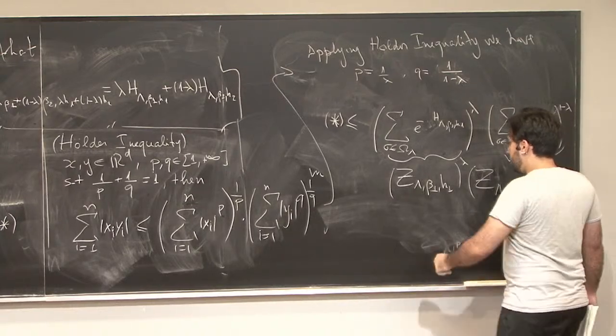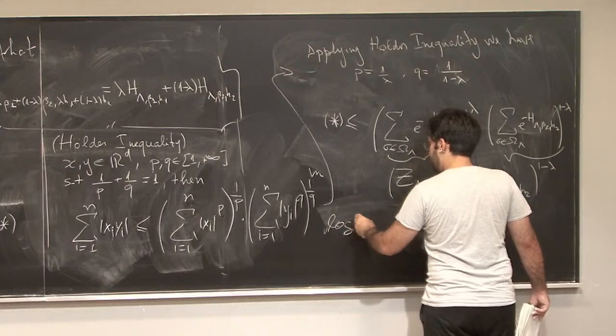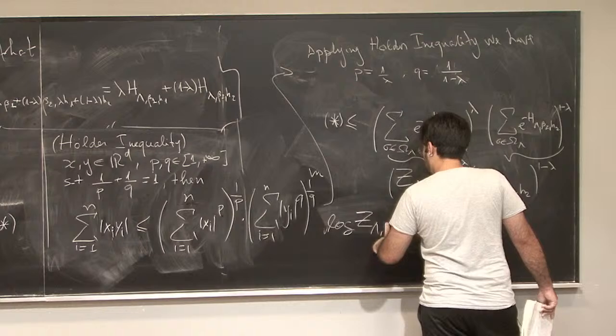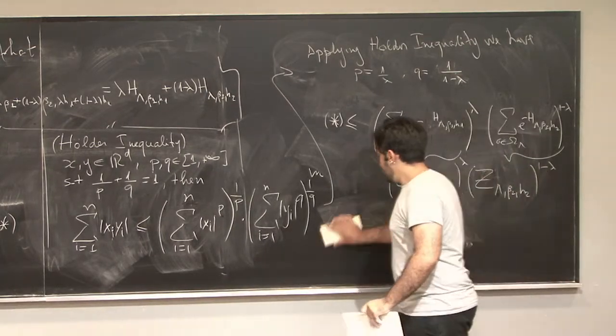And when you take the logs, you get that the log of z, the convex combination, I write it right there.